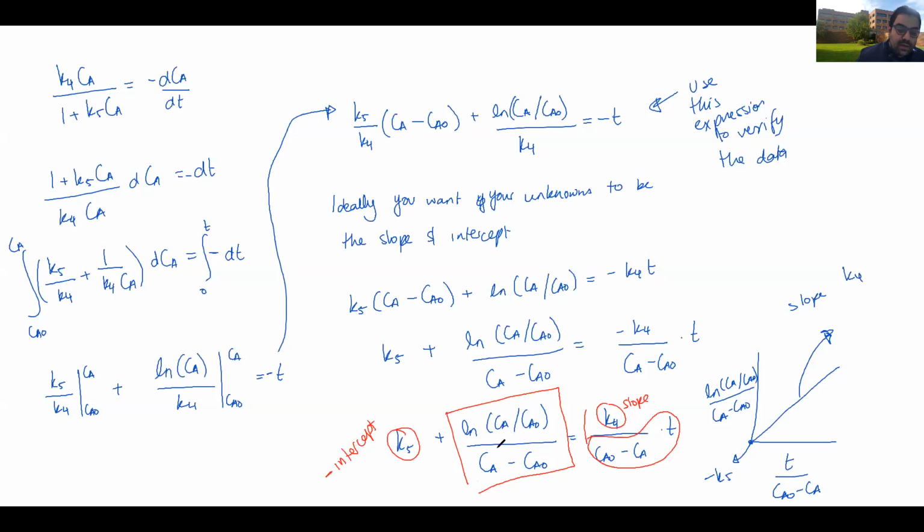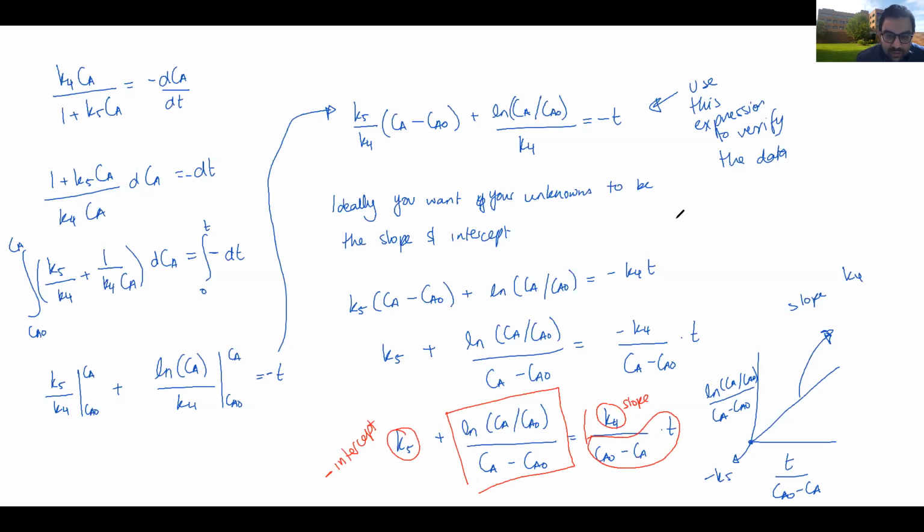Okay, let's try to implement this in Excel. So let me go to Excel. Actually, before going to Excel, let me rewrite this equation quickly and then copy it to Excel so that I remember it.